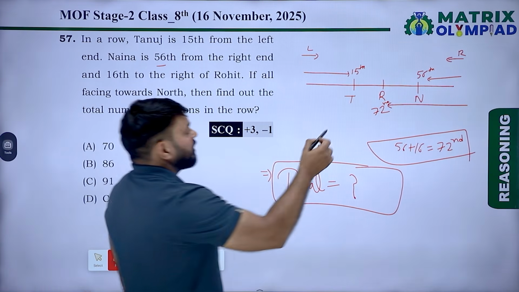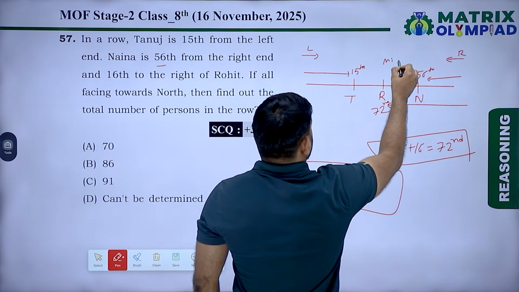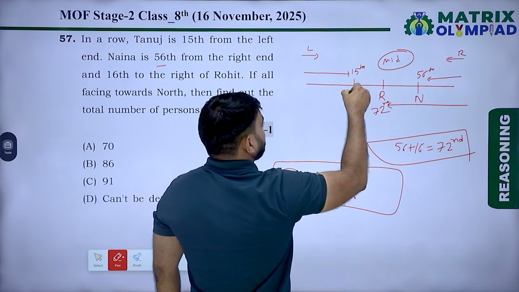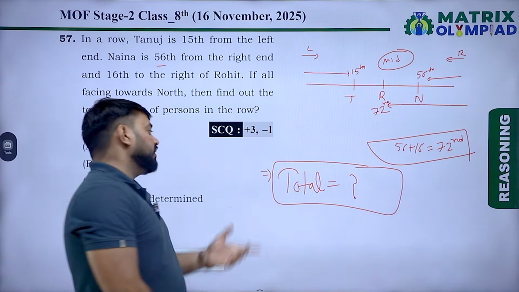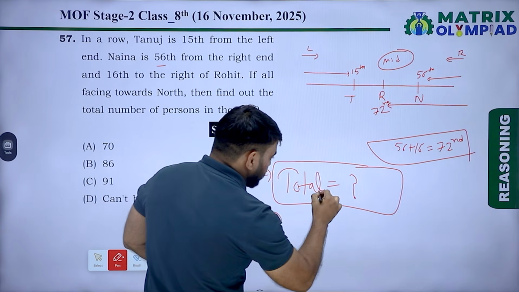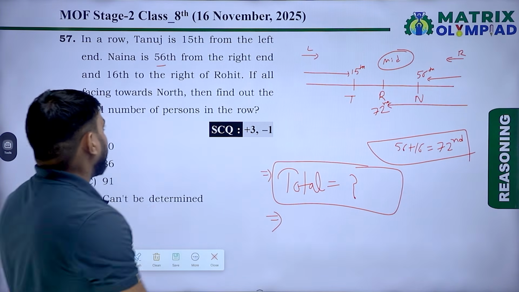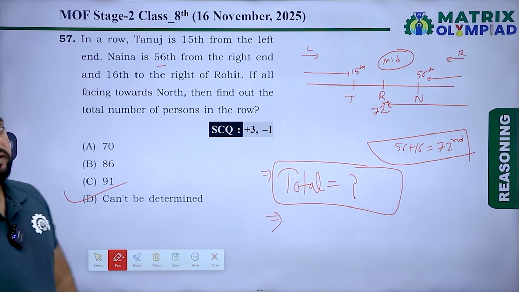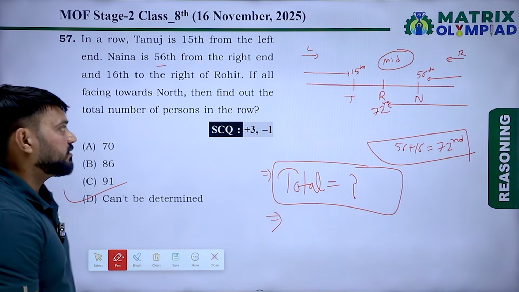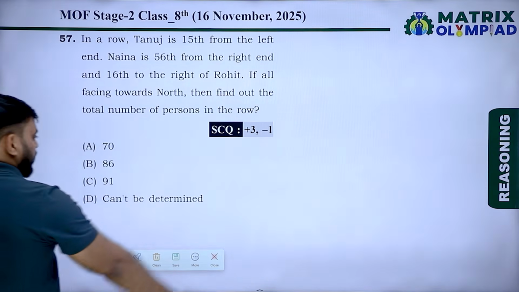And the number of persons in between Tanuj and Naina is also not given. So we can't find the total number of persons. So here option D, can't be determined, is the correct answer of this question. Let's move on to the next question.